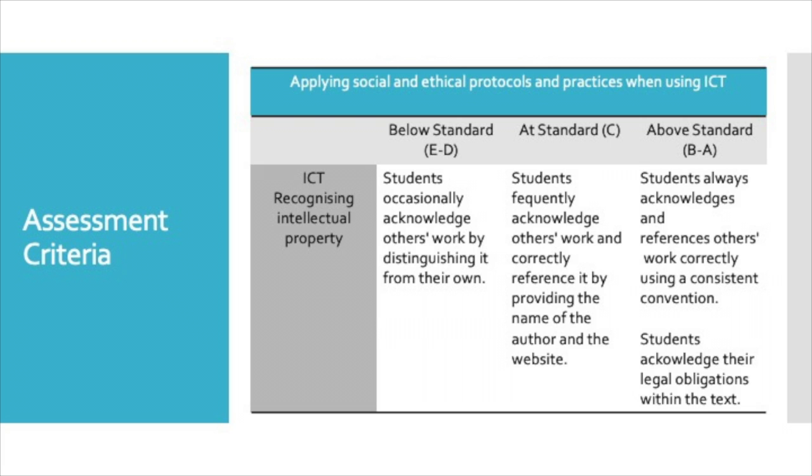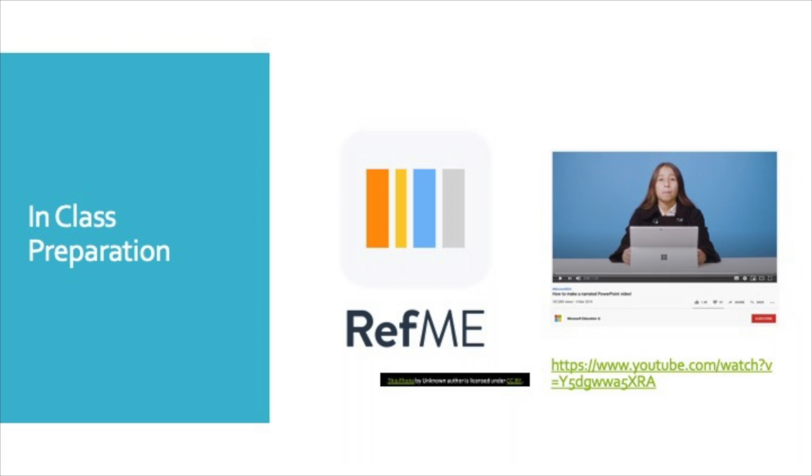To achieve below standard, from an E to a D level, they will only occasionally acknowledge others' work by distinguishing it from their own. Throughout the term, we will be investigating referencing using the RefMe app on the school iPads. This app allows you to easily reference a range of different resources such as books and websites. There are a range of features on this app, but we will be utilizing the scanning barcode feature and the web clicker feature that allows you to easily reference websites.